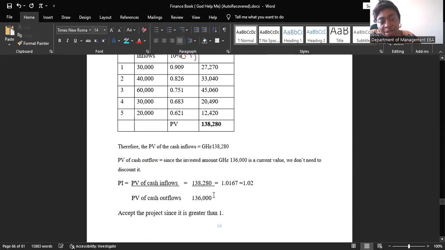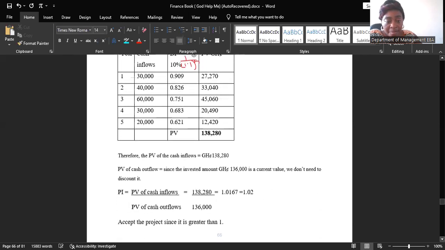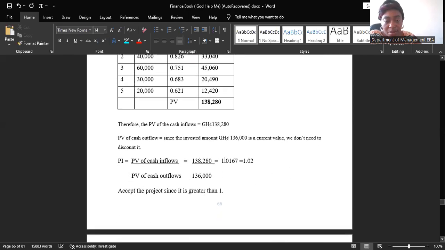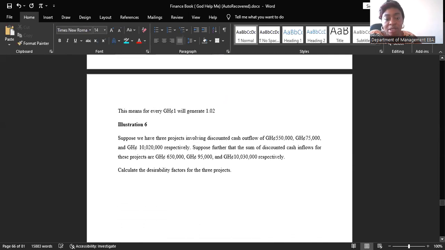That gives 1.02, and we said the project is accepted because it's more than one.